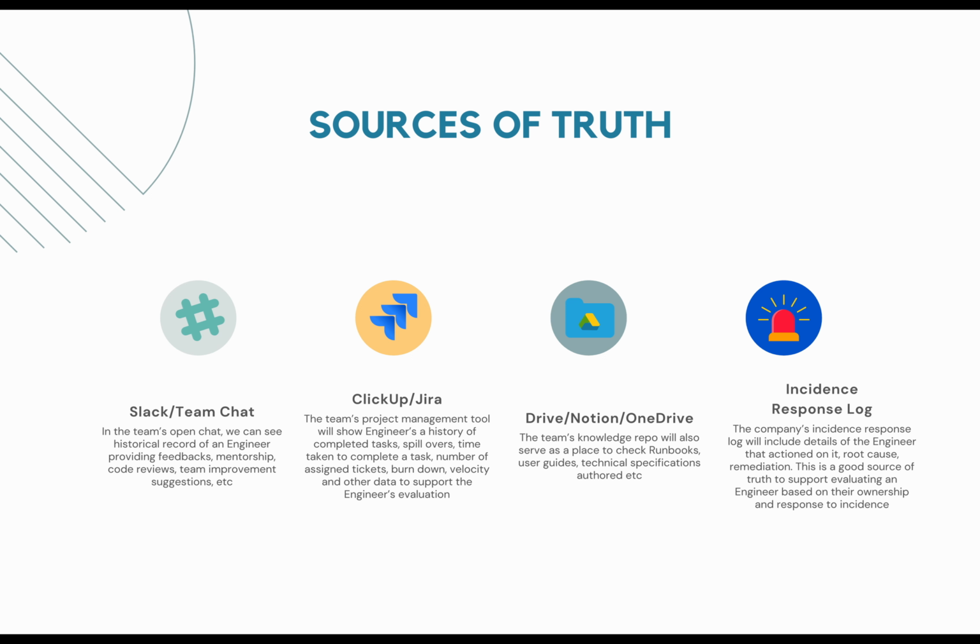You can look at the incident response log so that you're able to see how proactive they are in responding to incidents. All of this is going to form a basis of whatever rating you arrive at for this particular engineer when you are doing their evaluation.